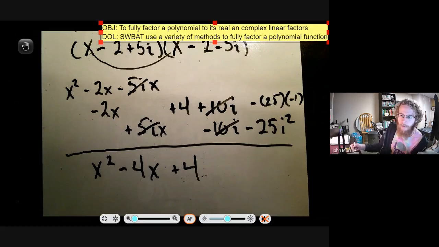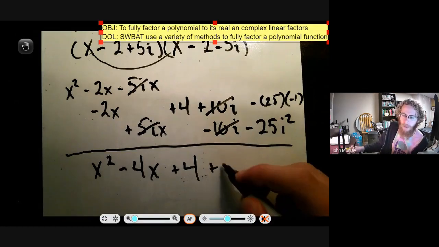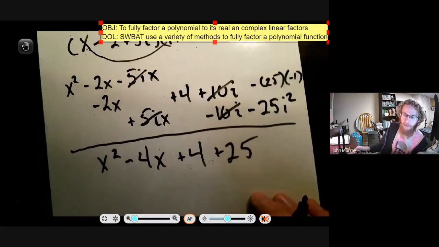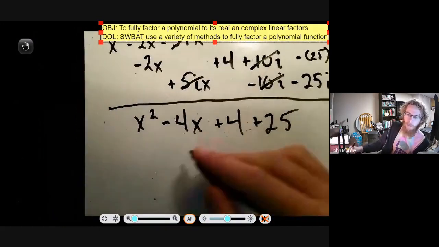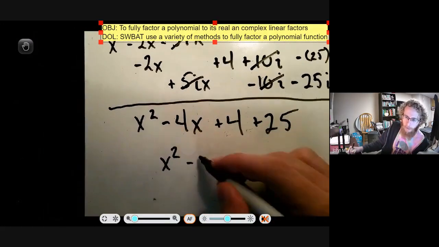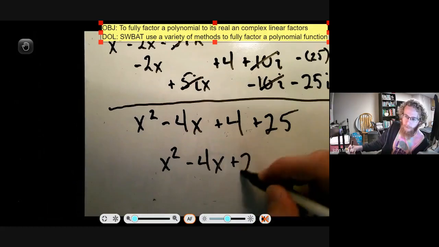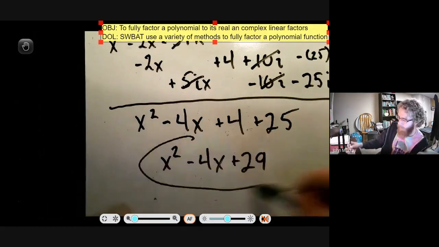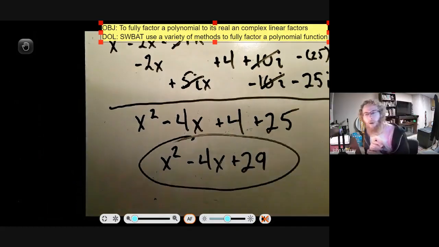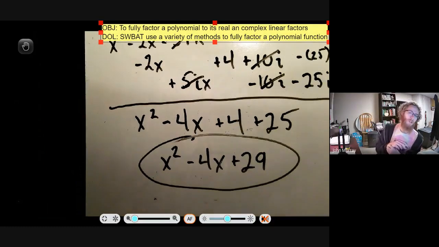So we have -25 times -1. So that's going to give us plus 25. And then we just combine those last 2 terms. And we get x squared minus 4x plus 29. All right, so that would be our resulting quadratic.